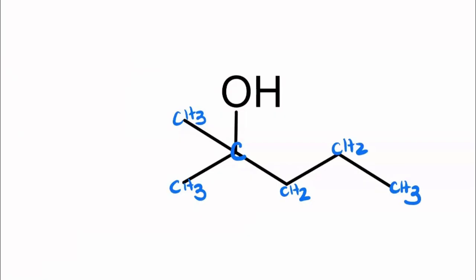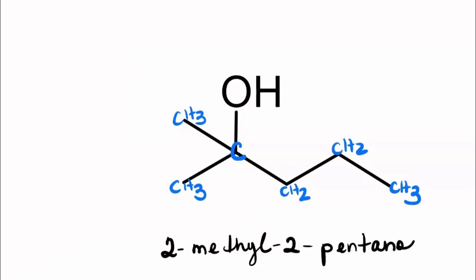The name for this alcohol specifically is going to be 2-methyl-2-pentanol, and when it comes to its classification, since the carbon atom that is holding the OH is connected to 1, 2, 3 carbon chains, 2-methyl-2-pentanol is an example of a tertiary alcohol.